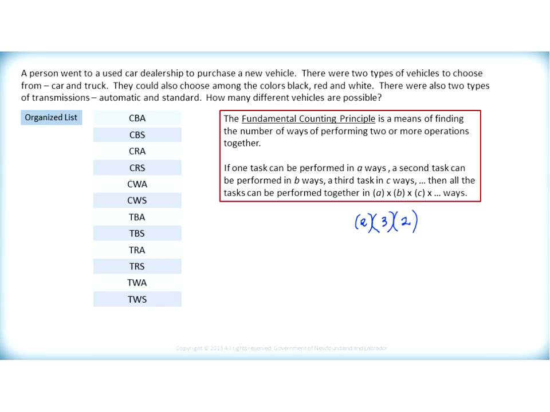So when you multiply these together, you have 2 times 3 times 2, which is equal to 12 different possible vehicles to choose from. The fundamental counting principle is a shortcut way of calculating the number of different possible arrangements.